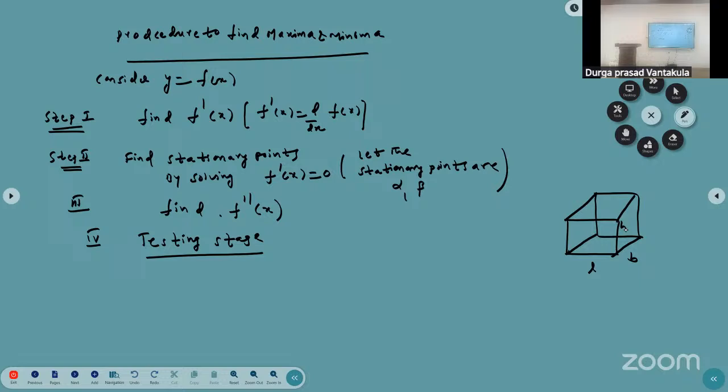Cyber security, 2 sections. Data science, 6 sections. ECE, EEE, civil engineering, mechanical engineering, information technology. Okay, now there are several sections.